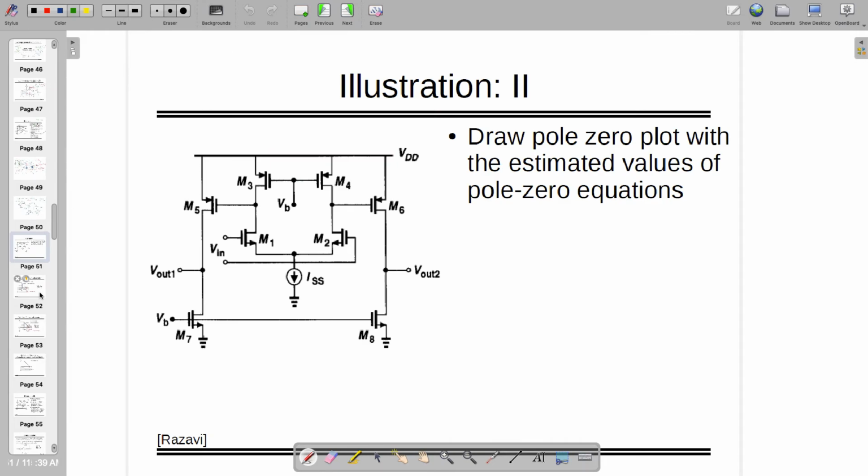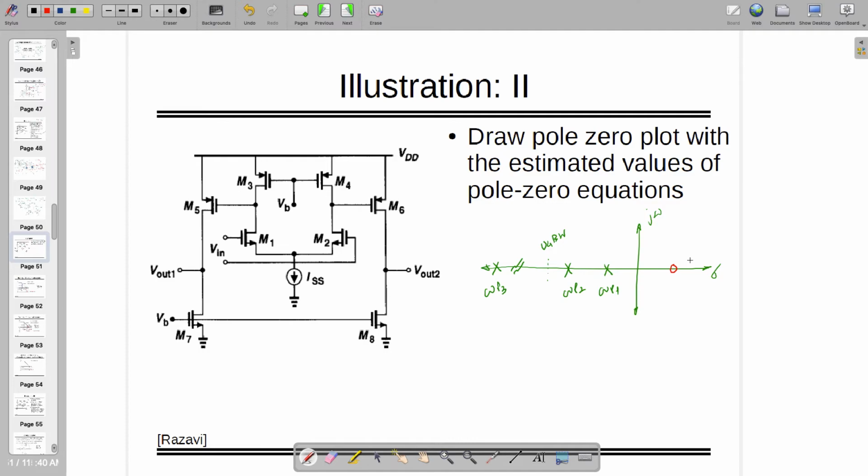So this one is easy, right? You already know where the poles and zeros are. If I'm supposed to draw the pole and zero, zero might be at the positive side, right?